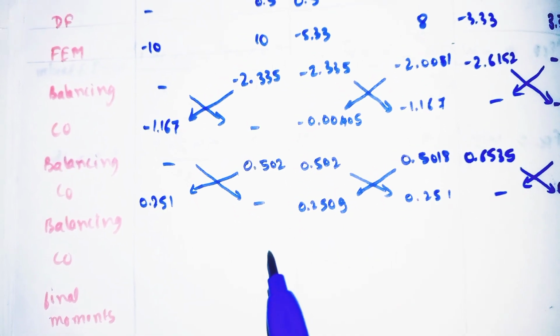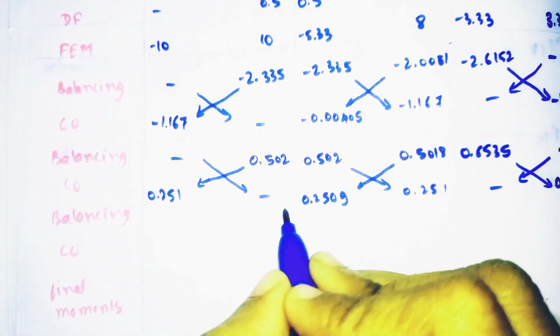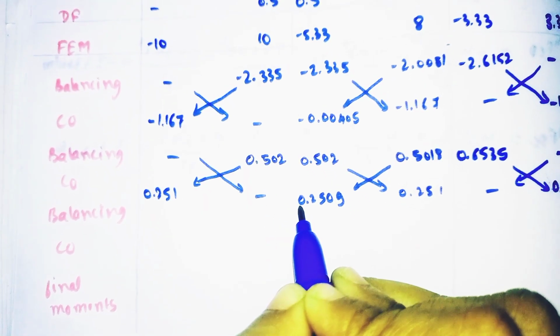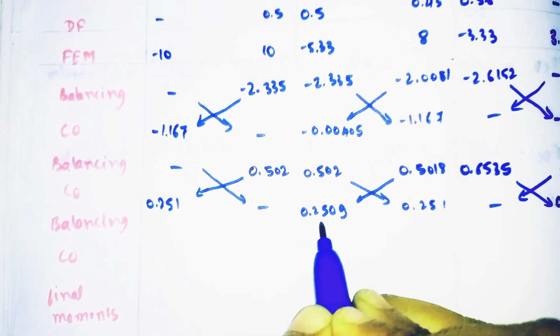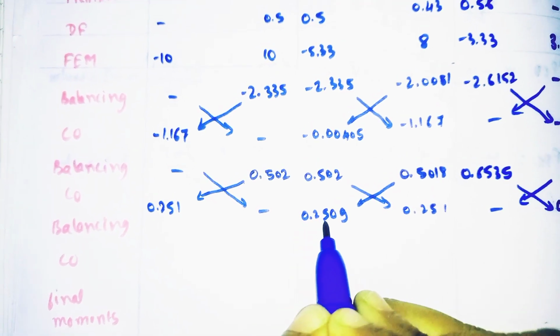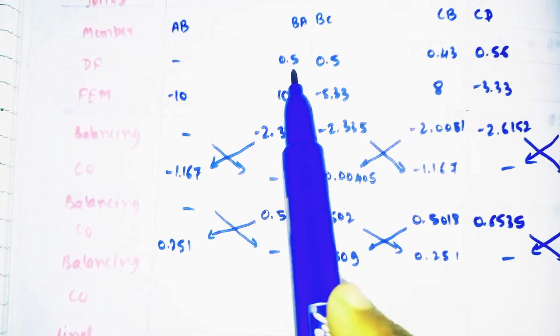Still we need to do one more step. So for our balancing, again we need to add it. There is no value, only 0.250 is there. So make it into negative, that is minus 0.2509, and multiply this with our distribution factor 0.5.